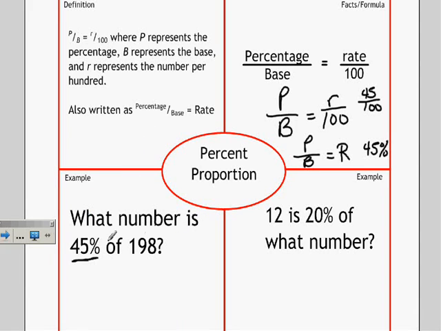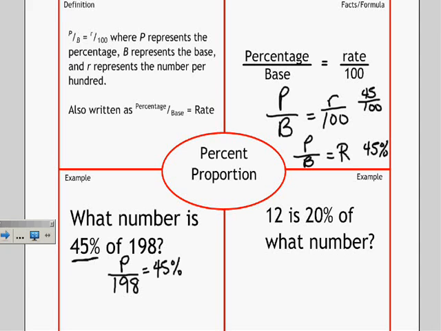So it's asking what number is 45% of 198, and we've already stated 45% is going to be our rate. 198 here is our base. That's our big number. That's what we're trying to find 45% of. So 198 is our base. What we're trying to find is the percentage of the base.